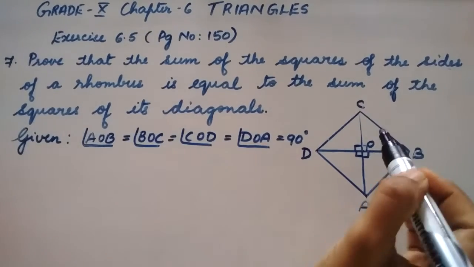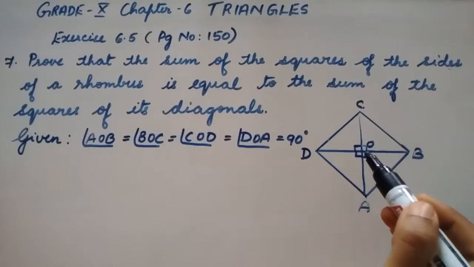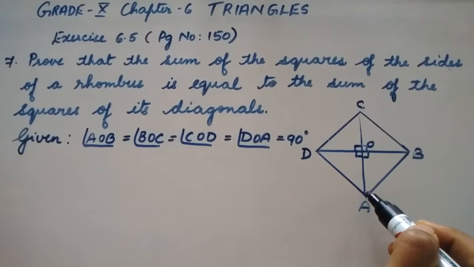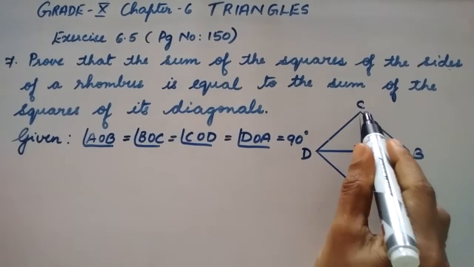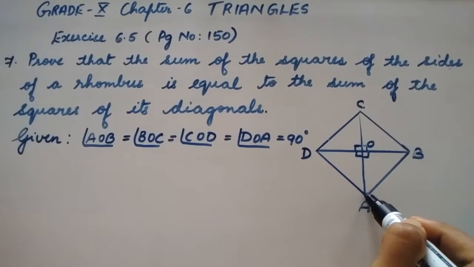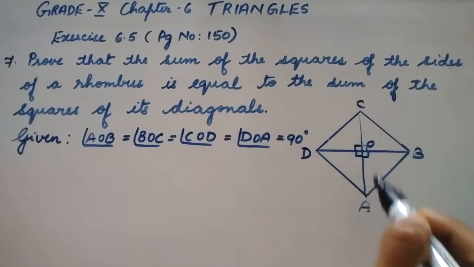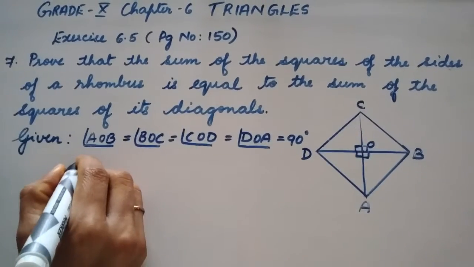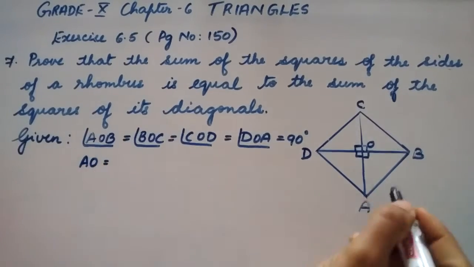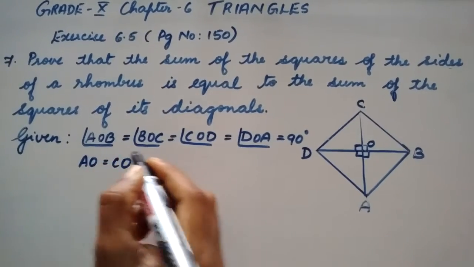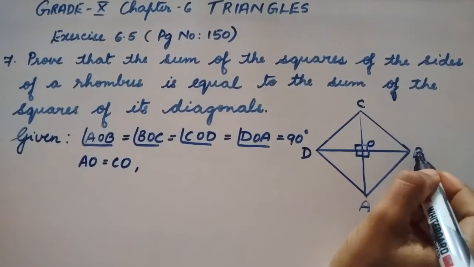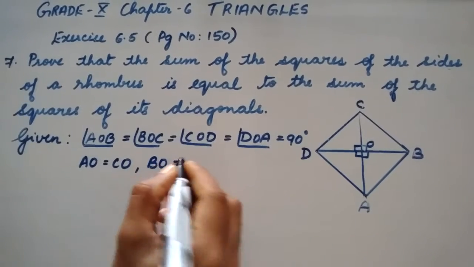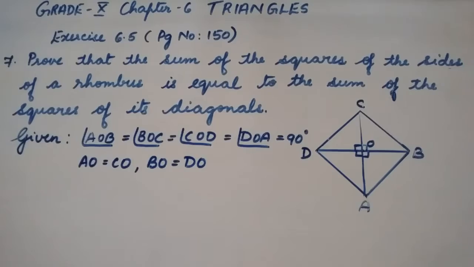And here the diagonals bisect. So what is bisect? Bisect means the diagonals are divided equally. So the diagonal AC is divided equally, so they are AO and OC. So AO is equal to OC, and we have BO equal to DO.